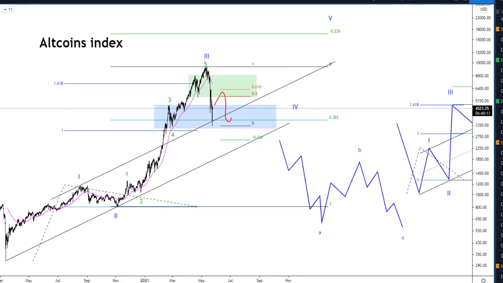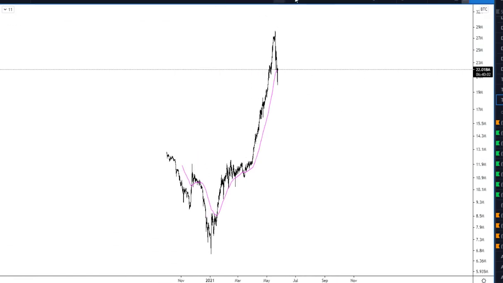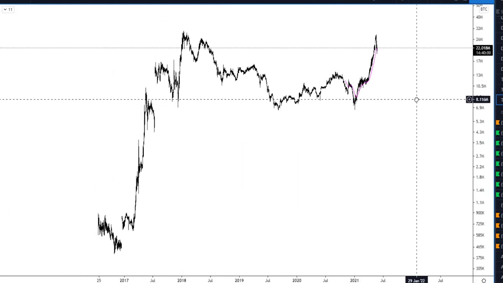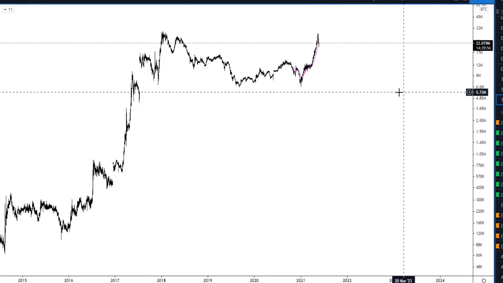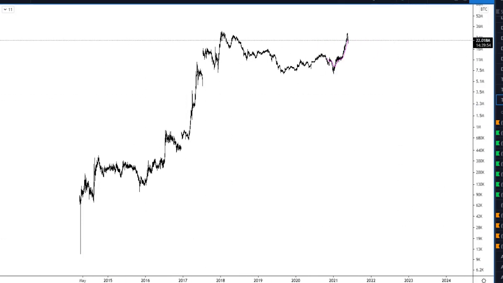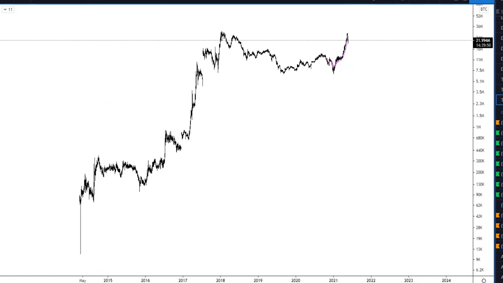Right? So another chart I want to go back to again, because I talked about it last time, but I'm not sure if people understood. So this is total 2 divided by Bitcoin. Total 2 is altcoin market cap, right?